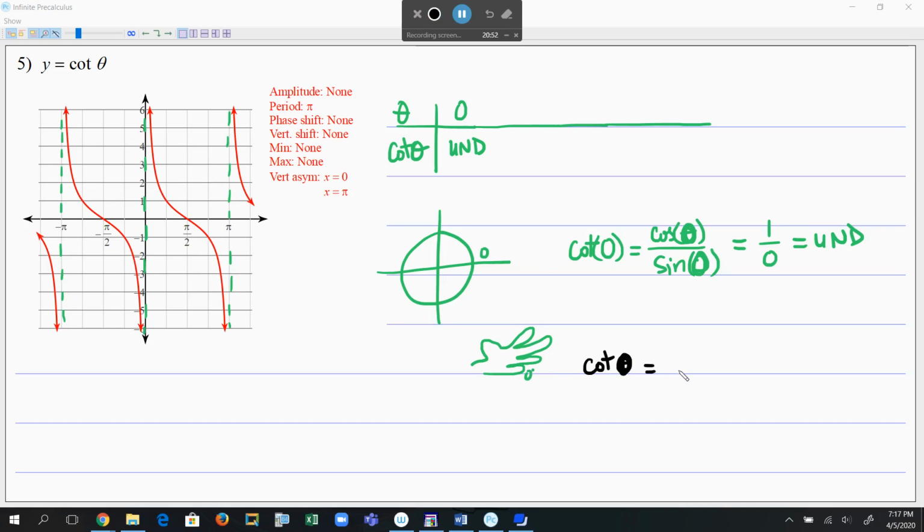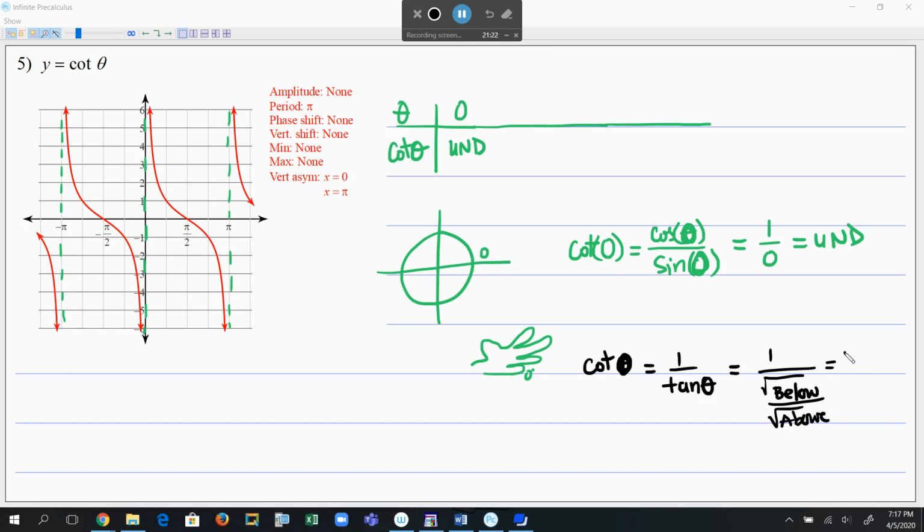Cotangent is the reciprocal of tangent if you think about it this way, so I'm going to put 1 over tangent of 0. Since we know tangent is the square root of the below fingers divided by the square root of the above fingers, when we divide fractions we multiply by the reciprocal.